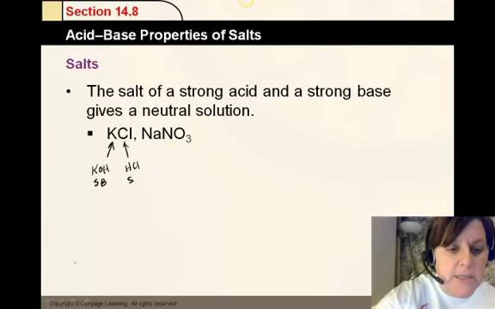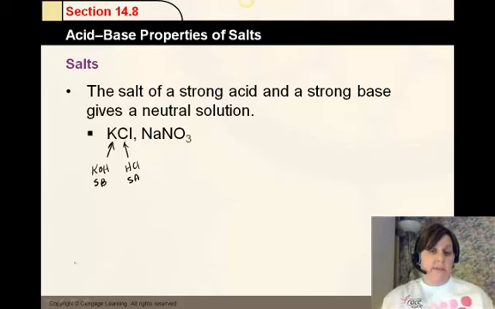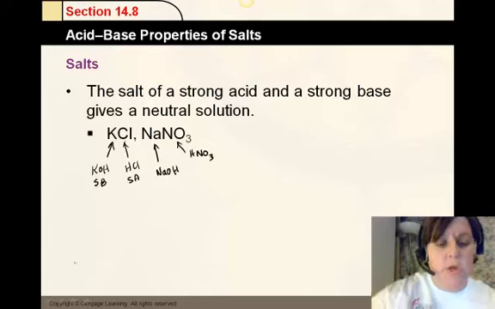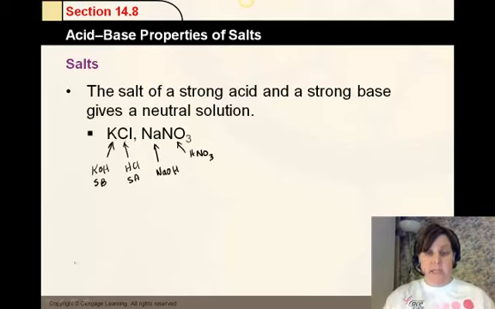And HCl is a strong acid. And a strong acid and a strong base, which ionize 100%, are going to form a neutral solution. So too with this one, we have NaOH and HNO3, both strong. NaOH strong base, HNO3 strong acid. It's going to produce a neutral salt.